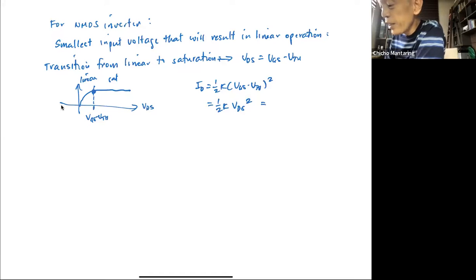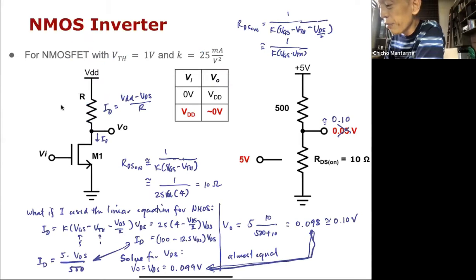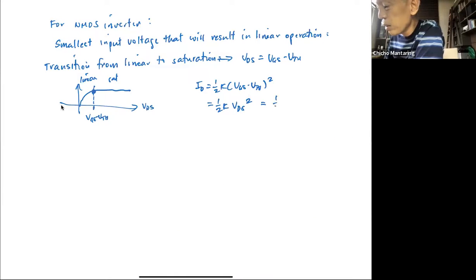Anyway, let's feed in. So that's 1/2 times 25m times VDS squared.